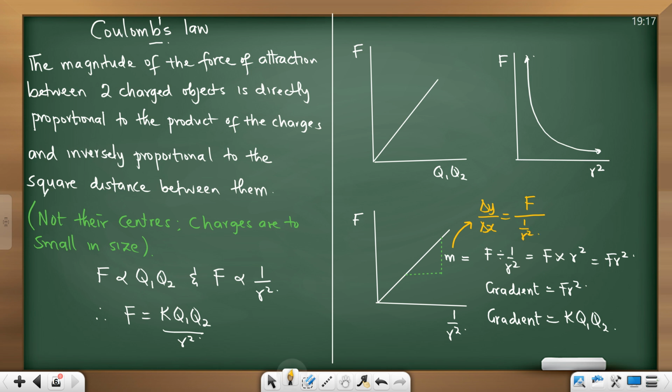To make it easy, I'm writing it as F divided by that, and mathematically we change the sign and flip that, which gives us F r squared. Now go back to your formula: F equals k Q1 Q2 over r squared. If I cross multiply, do you notice F r squared, therefore, is k Q1 Q2? That's a very important mathematical manipulation.